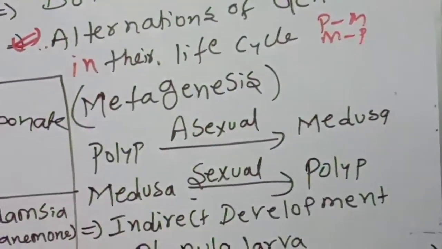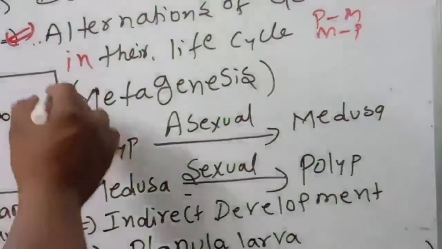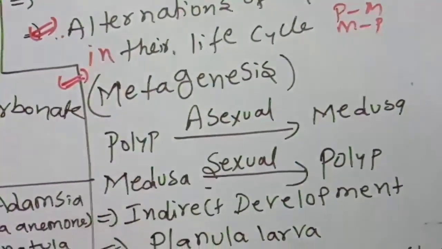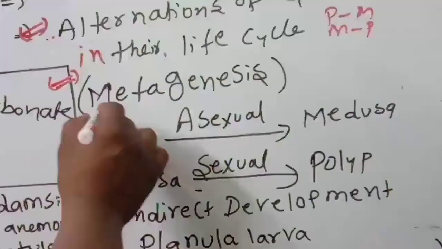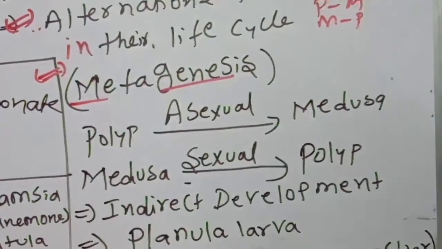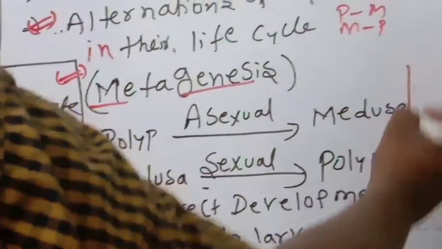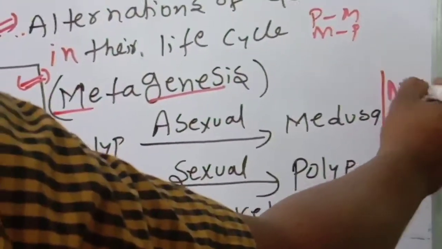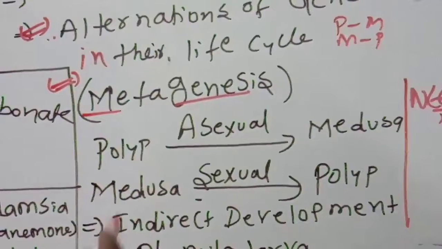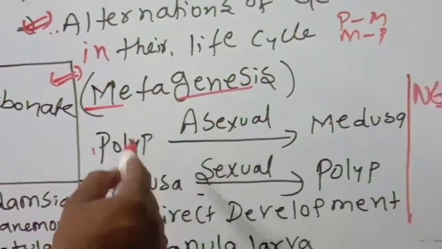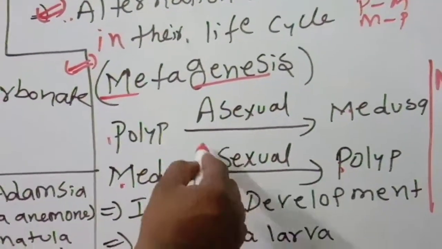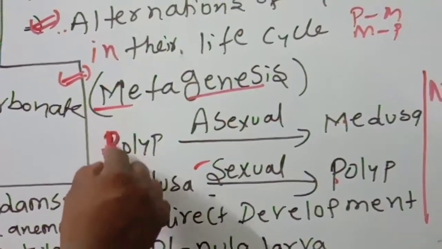Alternation of generations is there in their life cycle. That kind of process is called metagenesis. Another most important point: polyp produces the medusa asexually, medusa produces the polyp sexually. This point you should remember.